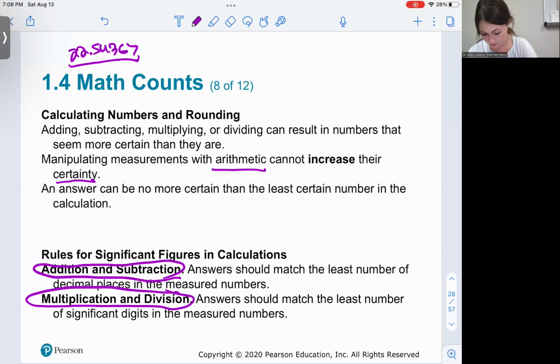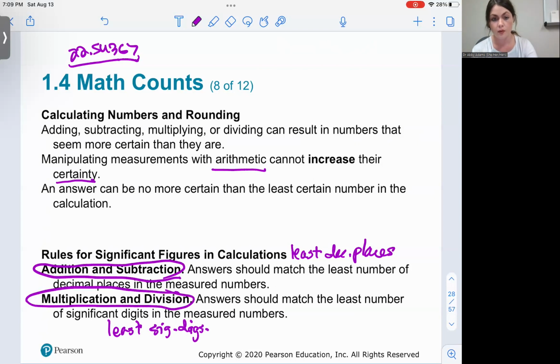Okay, the least number of decimal places given in the problem that you're trying to solve. Whereas with multiplication and division, it should match the least number of significant digits in the measured numbers, okay? This is my abbreviation for significant digits, SIGDIGS.